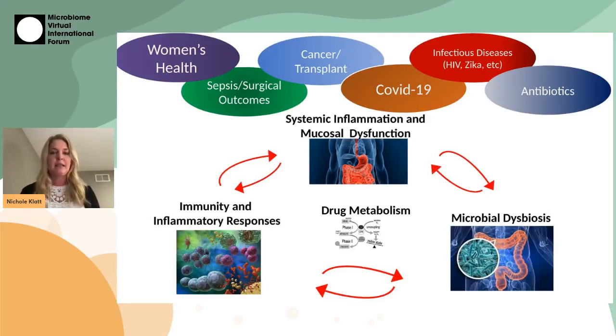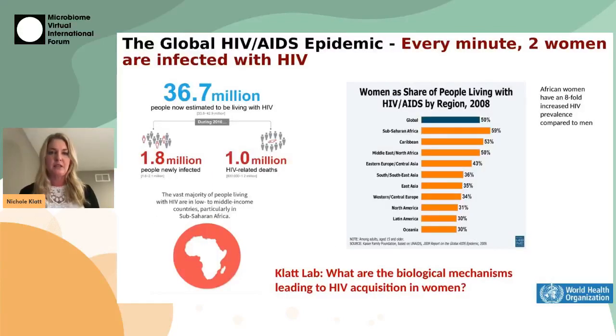I'm also going to touch on drug metabolism playing a role here. So it's really important that all of these things are accounted for, and understanding the interactions between the microbiome and inflammation and immunity.